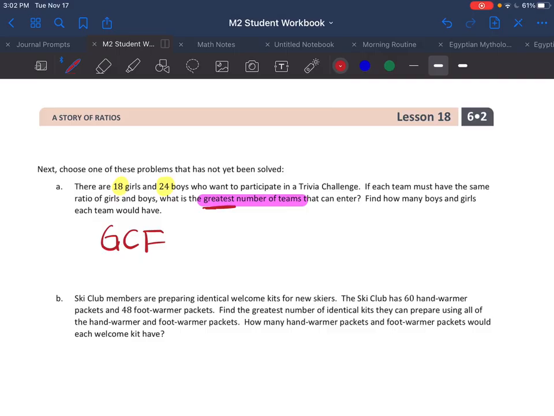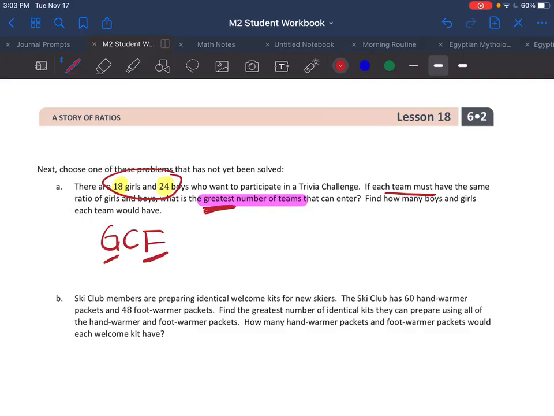And factors, remember, are getting smaller, and greatest is in that key sentence there. Knowing that you take a bigger number and make it into smaller numbers, that's factoring, that's dividing, breaking into groups.